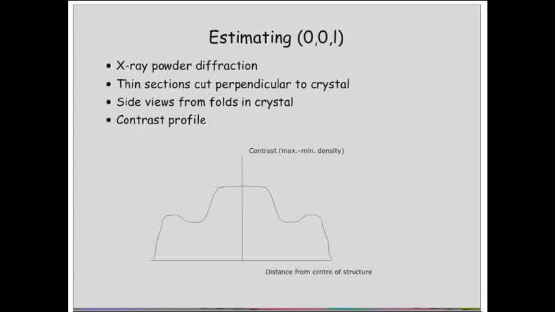So you might see different variations in contrast as you go along the thickness of the structure, which may give you an indication of how the density is varying. And you can try then from these data to get some sort of estimate of what the amplitudes and phases should be along 0, 0L.